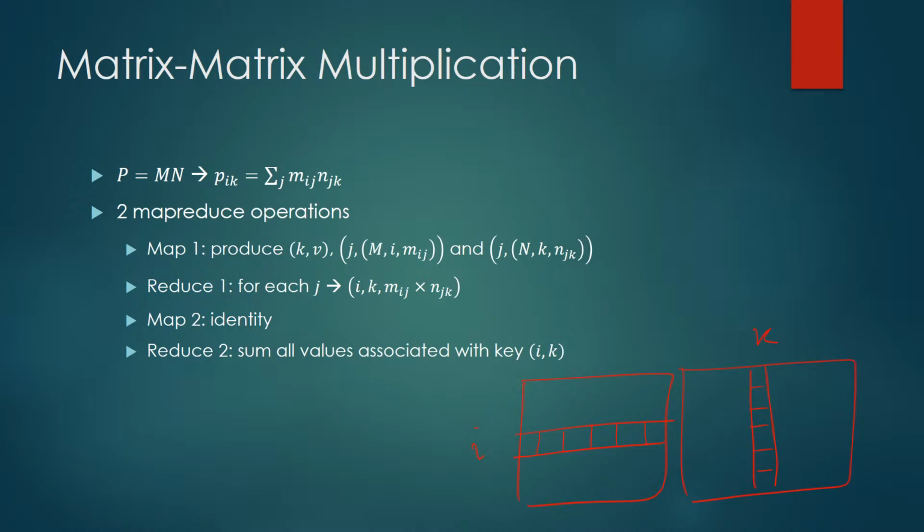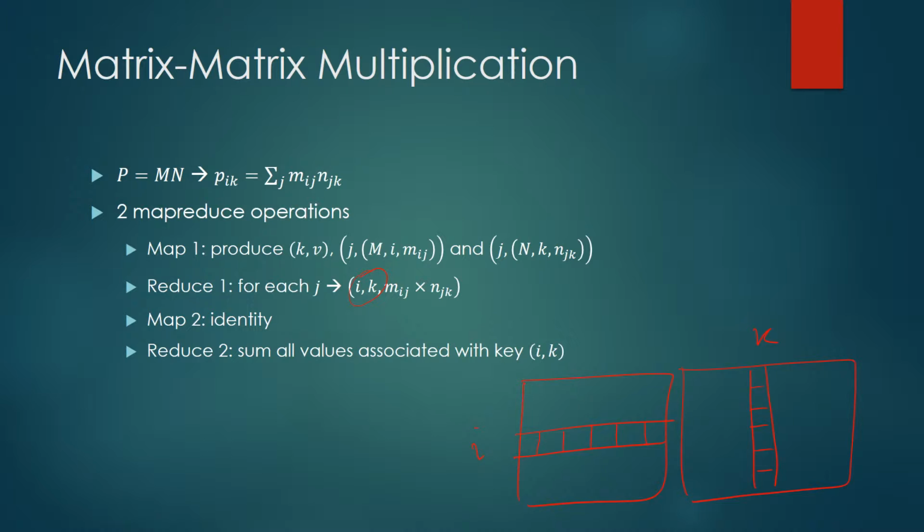And there's a separate reduction where all of these with the same common (i, k) index are reduced together to produce the final solution. So for this matrix example, you're saying it's 2n and then n, but that's just for one row and column. Are we assuming you're doing all of the different rows and columns in parallel? Yes, in parallel.